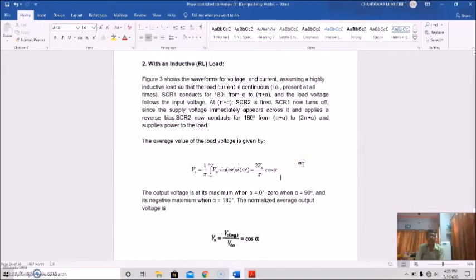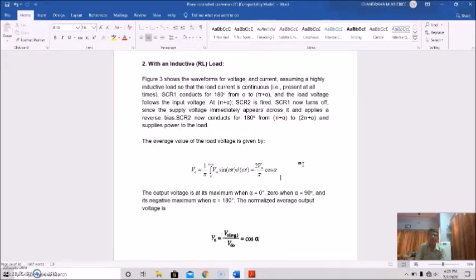Since at pi plus alpha SCR2 is fired, SCR2 is on and SCR1 will be turned off.